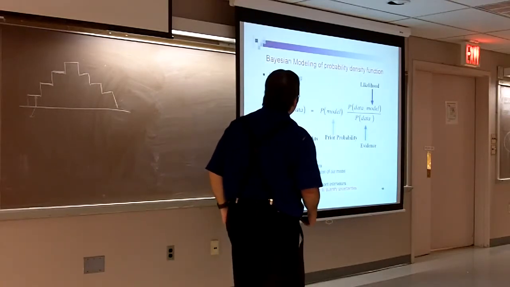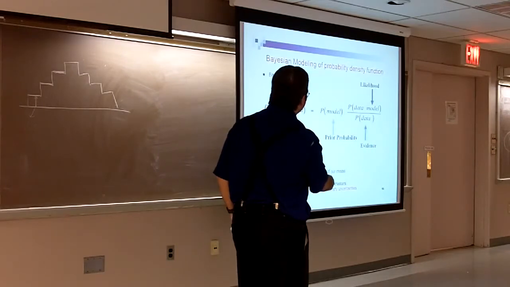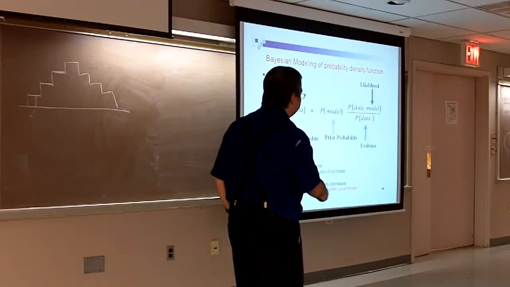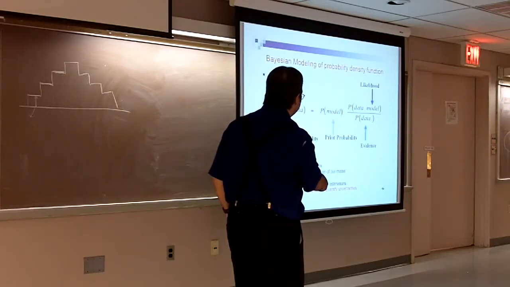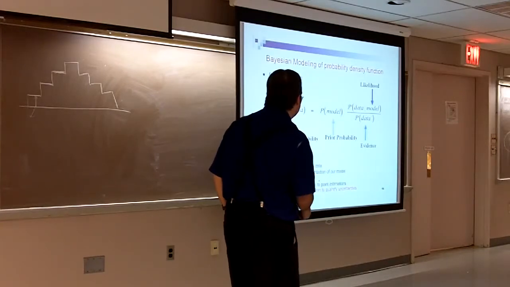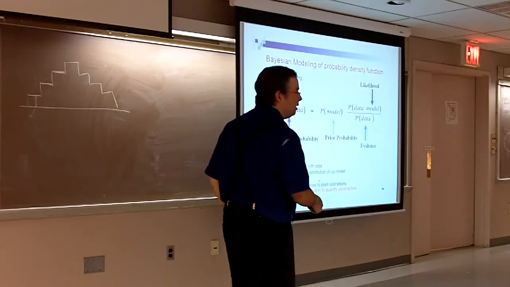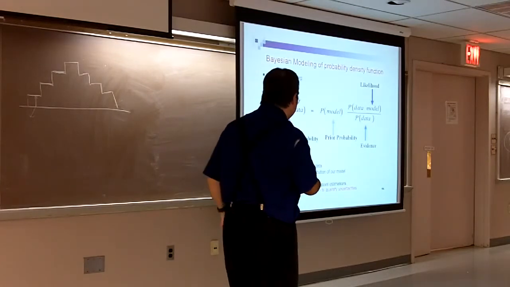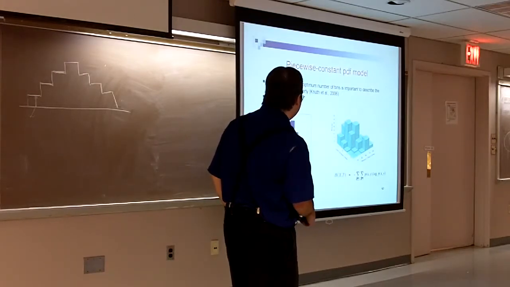This is the Bayesian modeling of the probability density function. Everybody knows the Bayesian formula. This is the posterior, this is the prior, this is the likelihood, and this is the evidence. This is how we do our updates using the prior and the likelihood. Let's say that we have our histogram here. This is two-dimensional, and we estimate the entropies by using our PDF estimates.